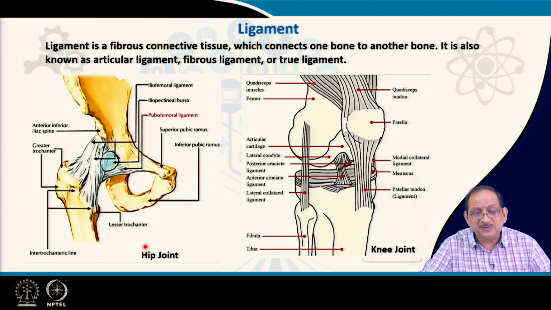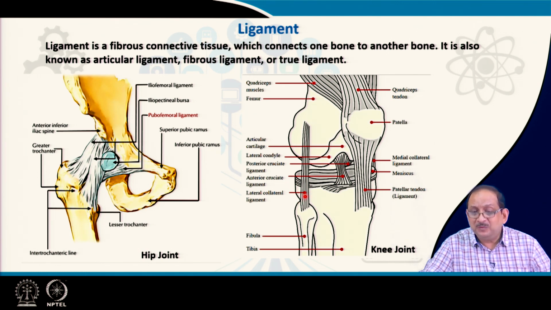So, here you can see the hip joint, which is formed by the femur head articulating in the acetabular cavity. So, this joint cavity is supported by iliofemoral ligament and pubofemoral ligament. In the knee joint, there is more number of ligaments that actually provide stability to the joint cavity.